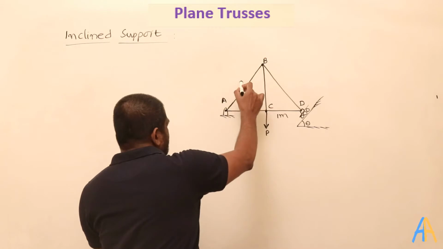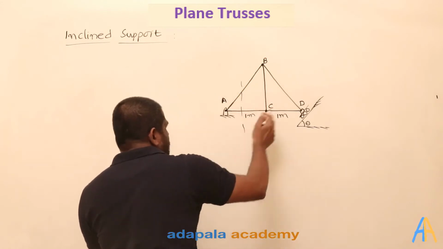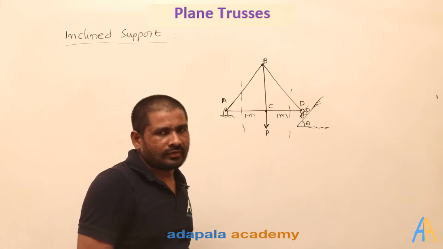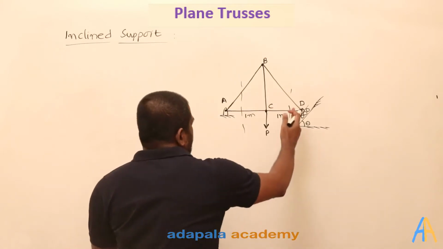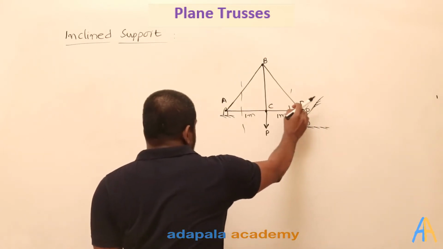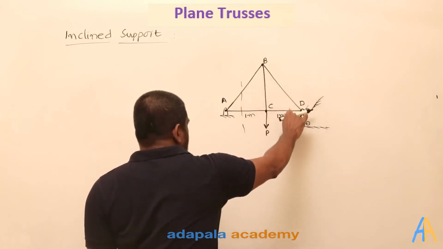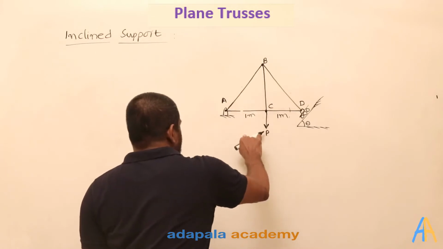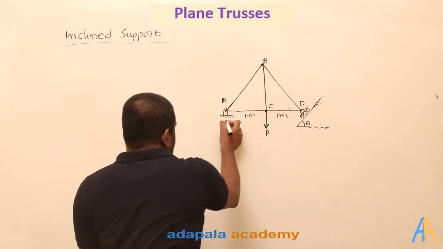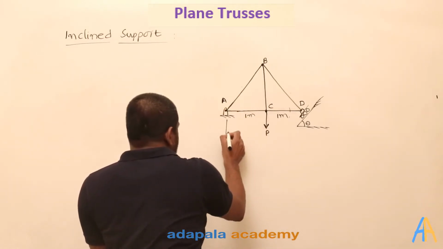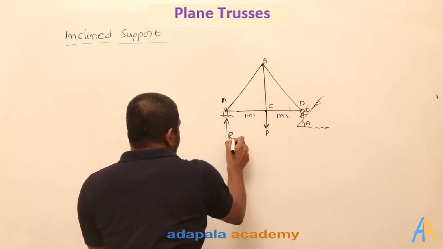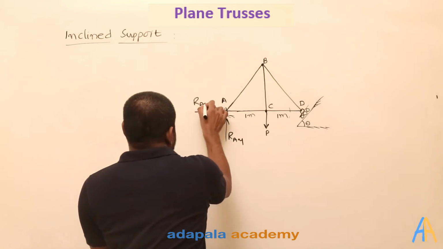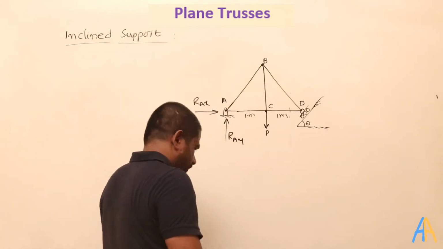Because if I cut like this, even by using the section method, I need to know the reactionary forces at D. So it is better to first find the reactionary forces. Here, whenever you have the revolute joint which is fixed, you have the Ray and Rax.